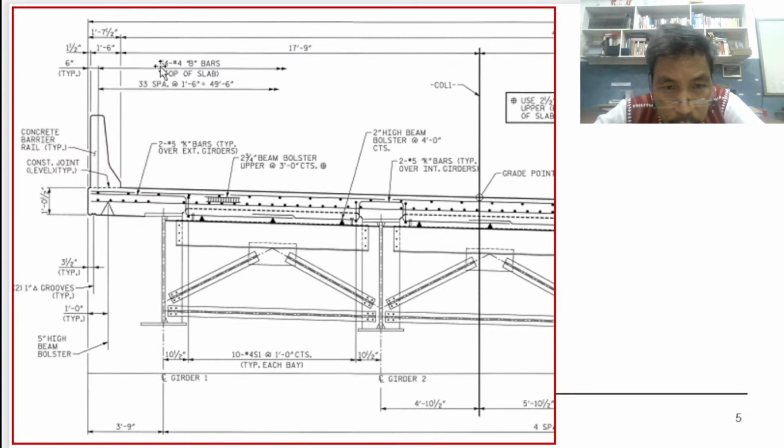Now, it is clearer to us that this one is 34 of number 4 B bars.